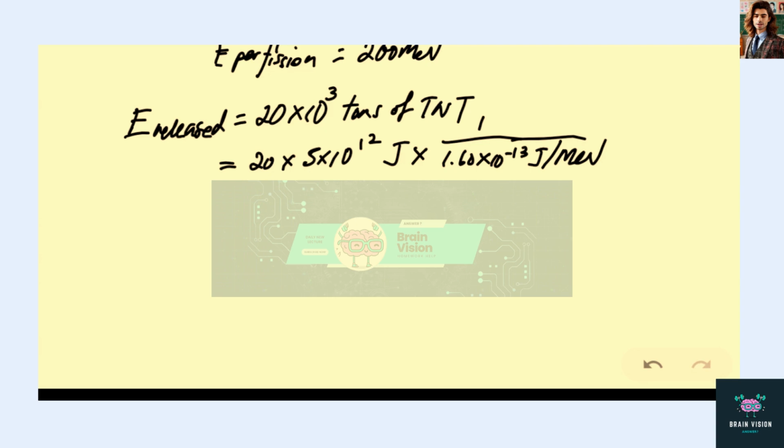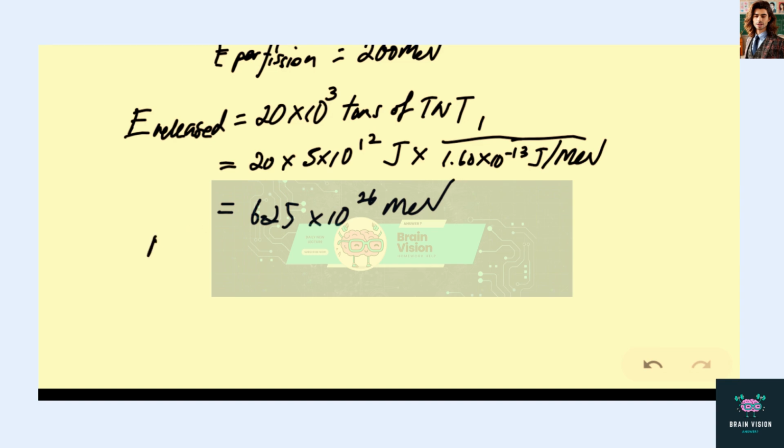Right, and this would give us the amount of energy that was released in terms of MeV, which is 6.25 times 10 to the power of 26 MeV.